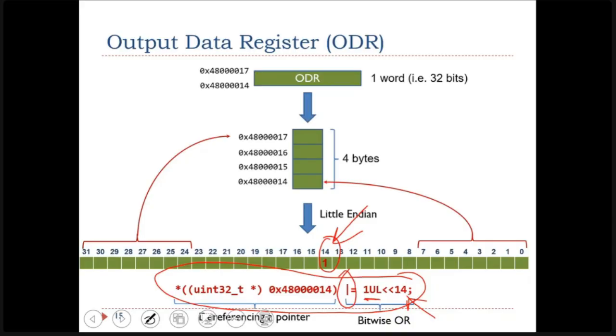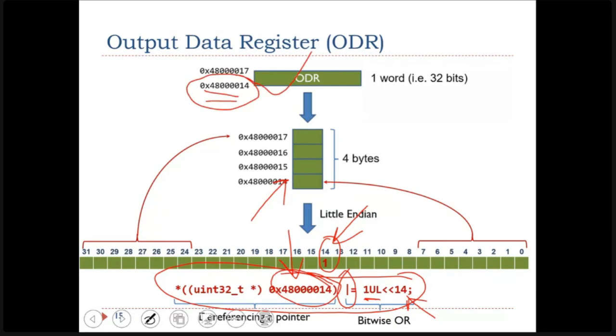And how does it come to this location? Because you're using this address, the address which marks the start of the ODR register. So the starting address of this ODR register is this address.